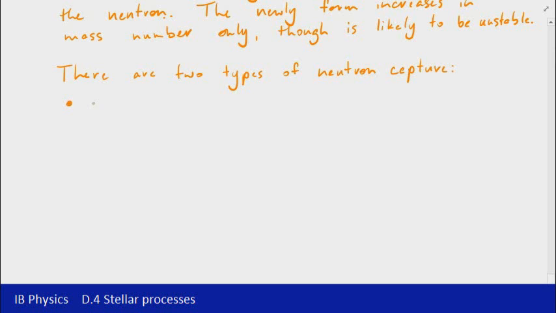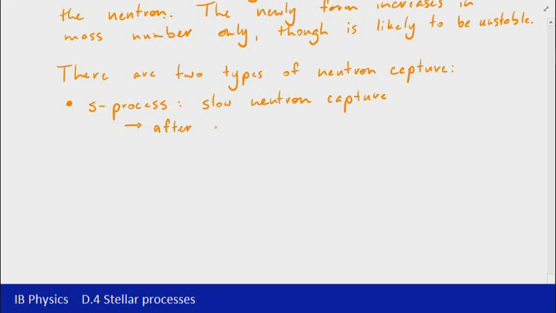So the first one is known as the S process, and that's basically S standing for slow neutron capture. So we've already talked about the fact that neutrons are captured. We'll then just take that a step further.